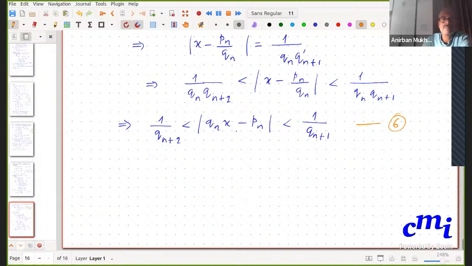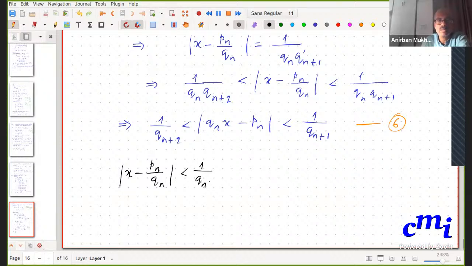So then what we have got are two important things. First of all, x minus Pn by Qn, this is what we wanted to estimate, how close the convergents are. We saw that this is less than 1 over Qn Qn plus 1.